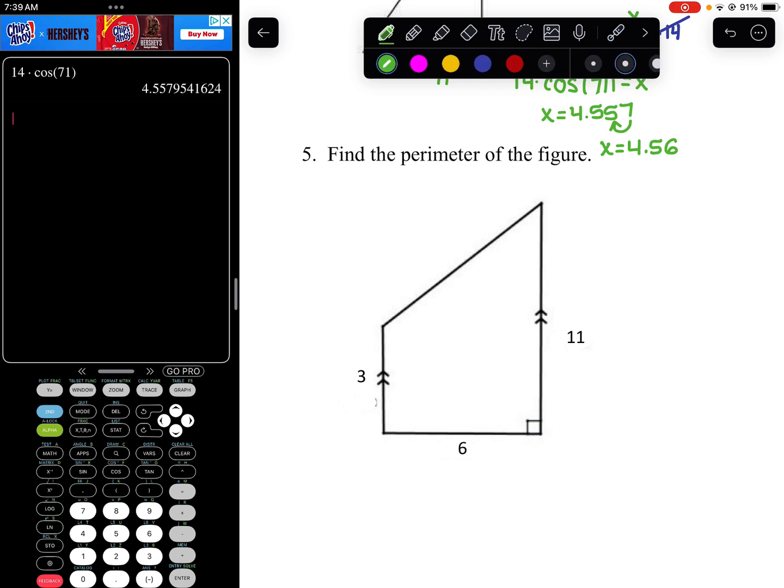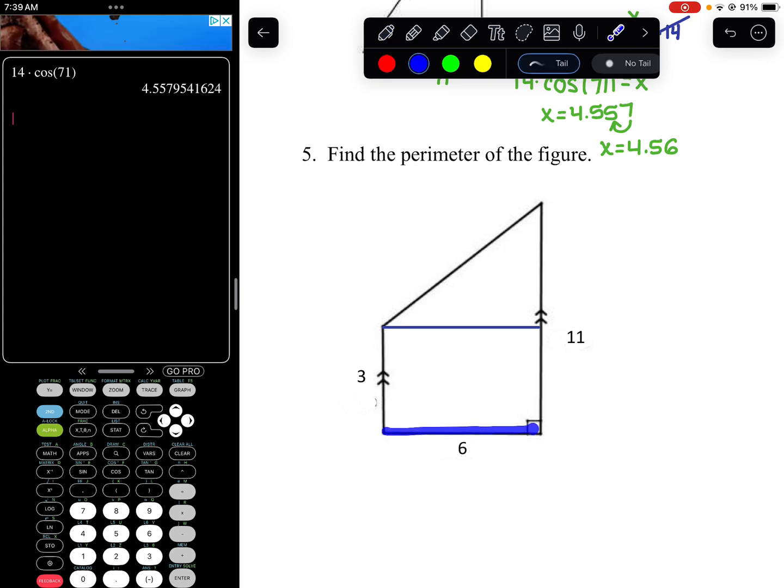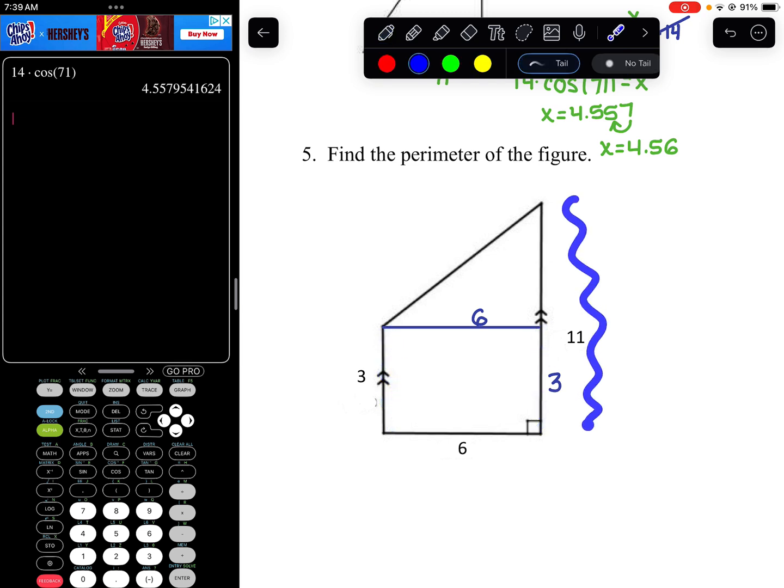In order to solve for that 4th side, we can sketch in a parallel line to the 6. If this side is 6, our parallel line is also 6. If this is 3, this chunk is also 3, which means 3 and 3, which means a total of 11.